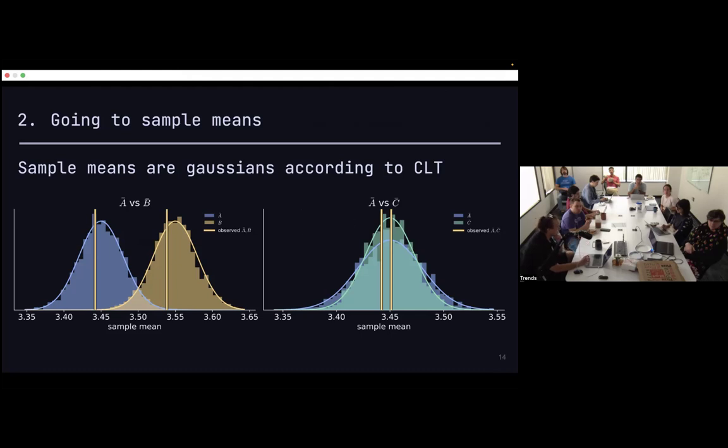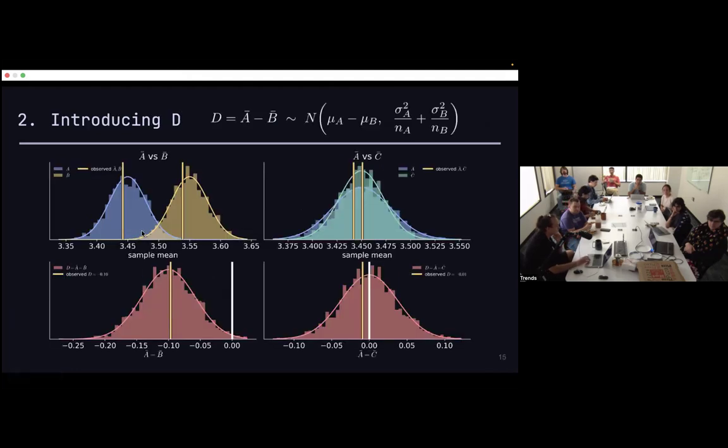So what can we do with that? We can compare the means of these sample mean distributions. We assume that if the dice are the same, they should have the same mean. So we can check if they have the same mean by subtracting the mean of one data set from another.